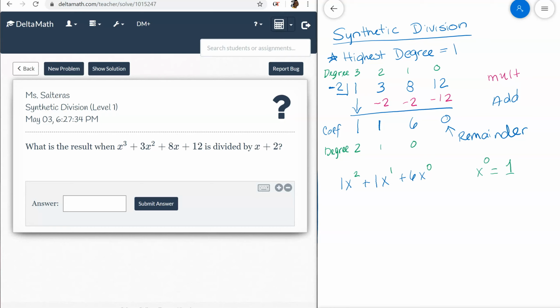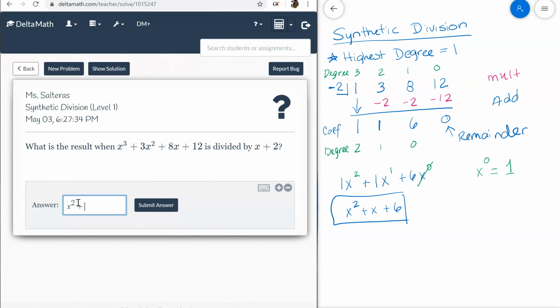So this is really 6 times 1. It's just 6. So your final answer is x squared plus x plus 6, because you do not need to write those 1 coefficients. I'm going to plug this in there.